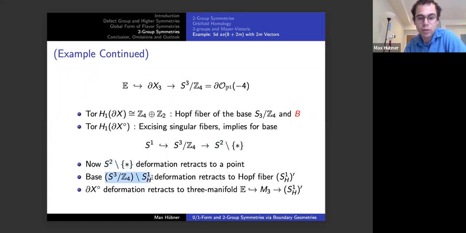And so the base with the discriminant locus removed deformation retracts to a different Hopf fiber. And so the whole smooth boundary deformation retracts to a 3-manifold which is fibered over this Hopf fiber, S1H Hopf primed.